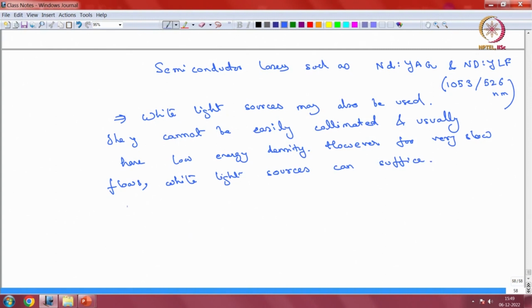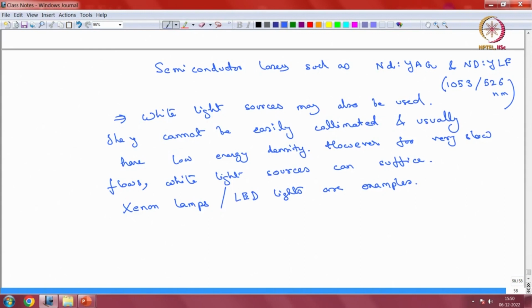Xenon lamps or LED lights are examples. LEDs, though, can come in specific colors, so then it is not exactly a white light source. Sometimes to have a white light source, different LEDs are put together. But even otherwise, if you are using a colored LED, you will get a set of specific wavelengths.